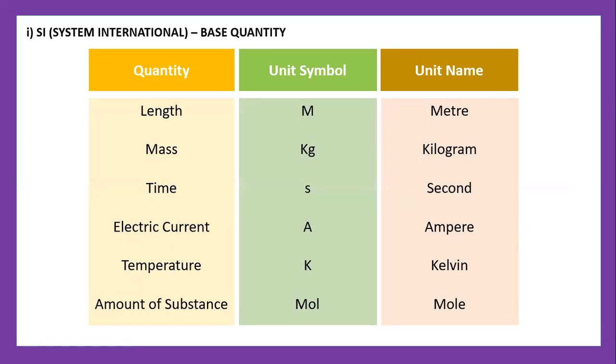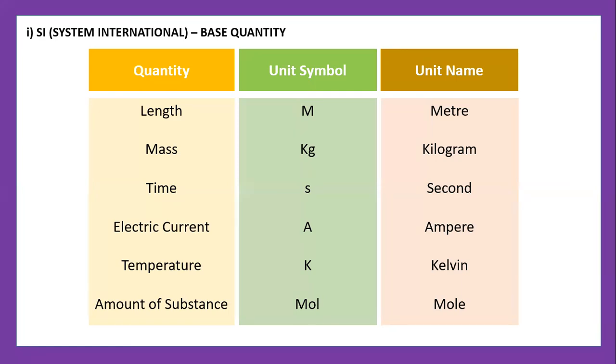Let's look into the System International based on base quantity. For length, the unit symbol used is m, and the unit name is meter. For mass, the unit symbol to measure the quantity of mass is kg, kilogram. And time, the unit symbol used is s, which represents second.